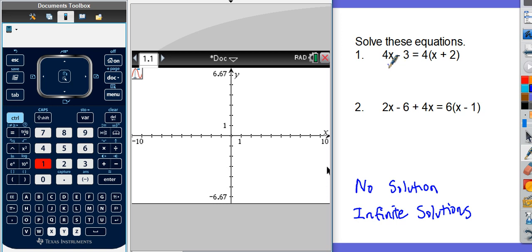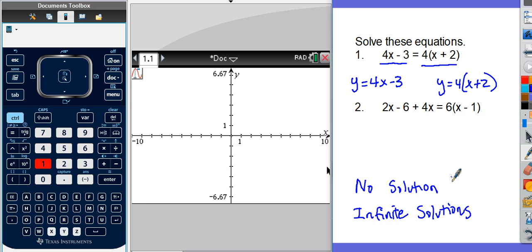And so the way that we're going to do this is we're going to take each side of our equation and put it equal to y. So we're going to have y equals 4x minus 3, and then y equals 4 parentheses x plus 2. So we've got two separate equations now that are set to y equals, and we're going to look at their graphs.